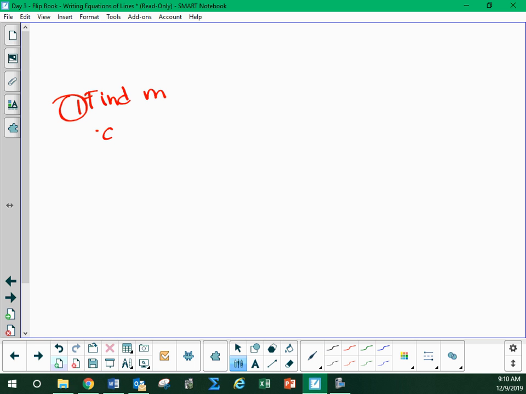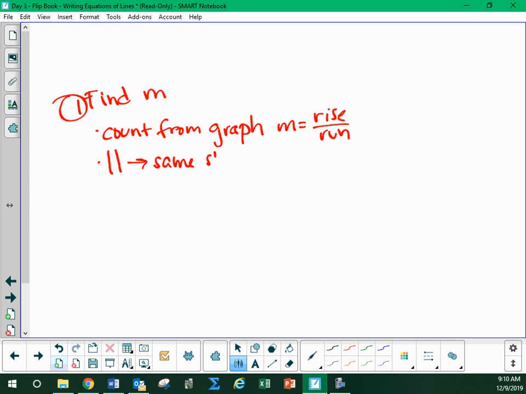So either count it from the graph, which remember slope is just rise over run. If it's parallel lines, then it's the same slope. If it's perpendicular lines, then we do opposite and reciprocal, which just means to flip it.